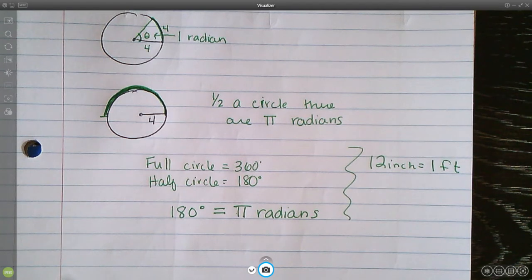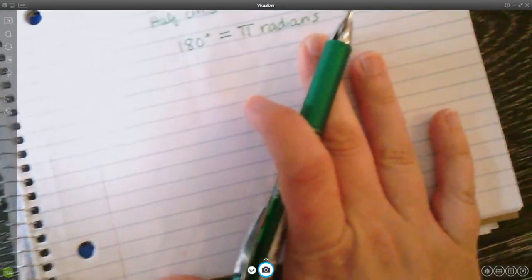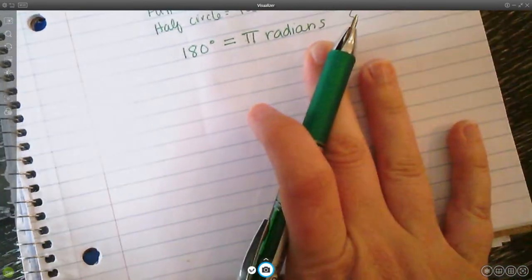Okay, so now we're going to learn how to convert, which way are we going today? We are going to go from degrees to radians.